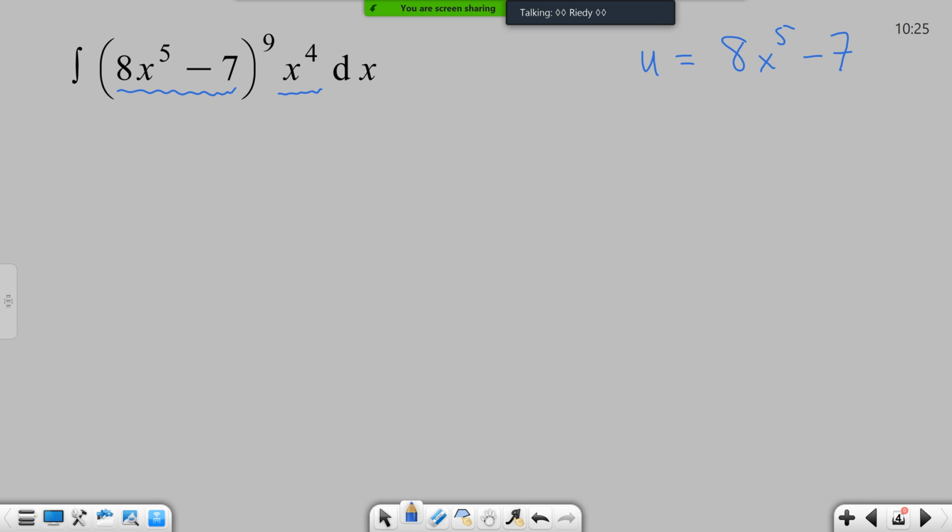A good rule of thumb is you want to take u from the higher degree term, because when you take the derivative, it will normally equal the lower degree. All right, so I do it again. du is equal to 40x to the fourth dx. So dx is equal to 1 over 40x to the fourth du.